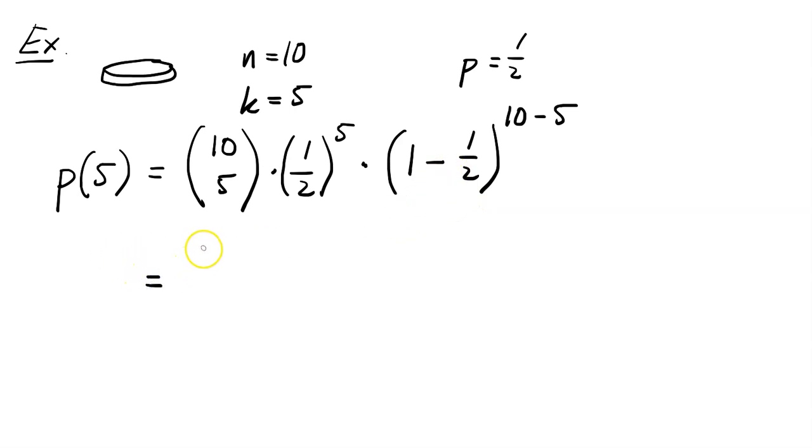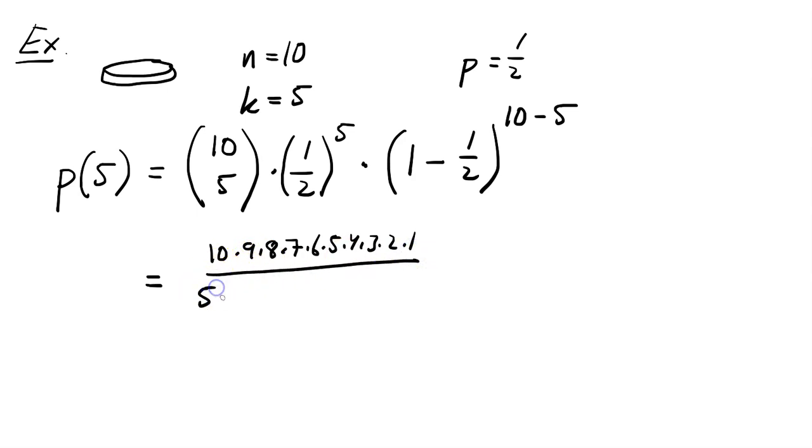And then we just need to calculate this. 10 over 5, that's 10, 9, 8, 7, 6, and then we have 5, 4, 3, 2, 1. And then 10 minus 5 factorial, and that's also 5 factorial. Now we see we can simplify here by cancelling that.